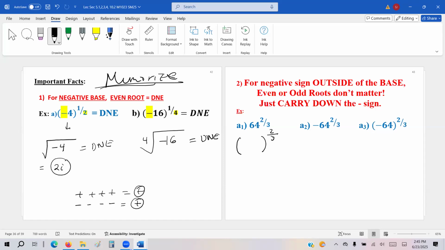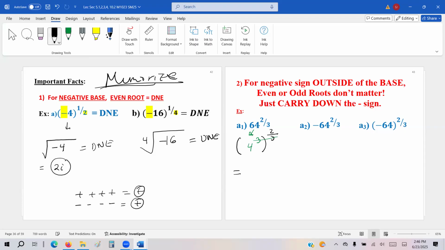What number to the 3 power is 64? 4. So we rewrite this as 4 cubed. And now we are happy because the 3 and 3 simplify with one another and they die. There is no more denominator.